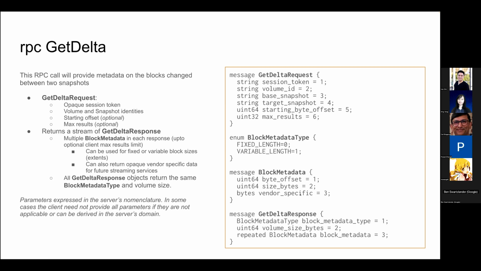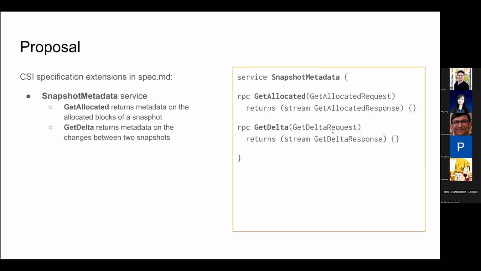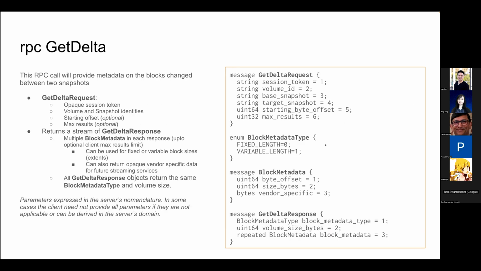So the thing is this: the way gRPC works, it doesn't allow us to return fixed properties plus a stream. It's either you return a stream or you return a set of properties. So I'm forced to return everything in that stream. So I said, it's not worth agonizing over this. It's just a few bytes, right?